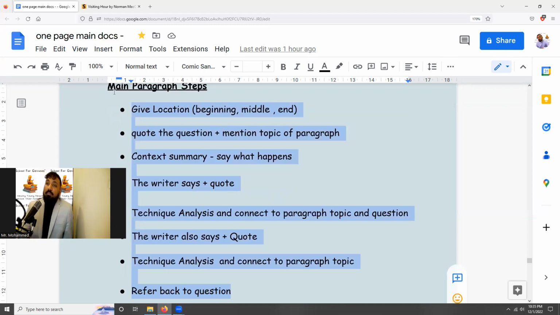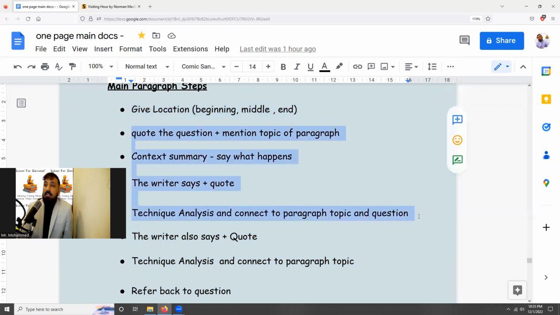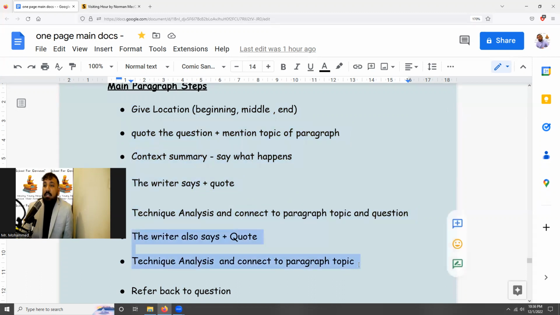But what you should know is that the main body paragraph, in terms of the steps, is actually sort of doing the same thing twice, basically. If you notice, besides the beginning, where you give the location, which is just beginning, middle, or end, from here to here, and this, is essentially the same thing.